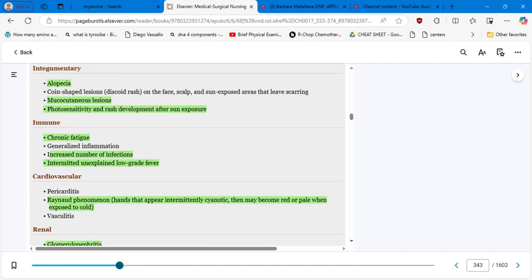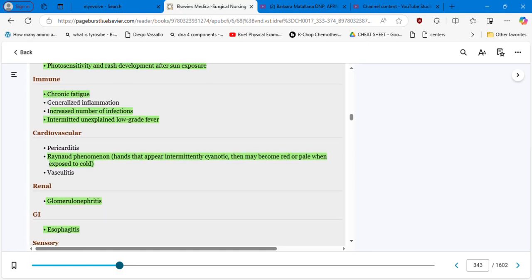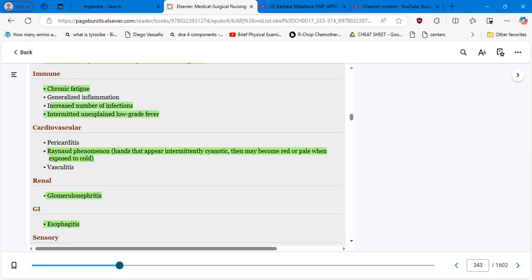Integumentary: alopecia, mucocutaneous lesions, the ones inside of the mouth, photosensitivity and rash development after sun exposure. Here we have your butterfly rash, okay. Your immune: chronic fatigue, increased number of infections, intermittent and unexplained low-grade fever.